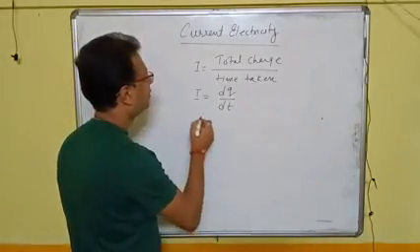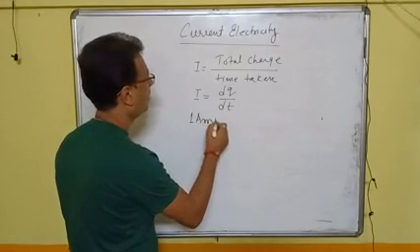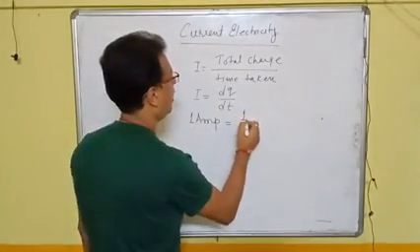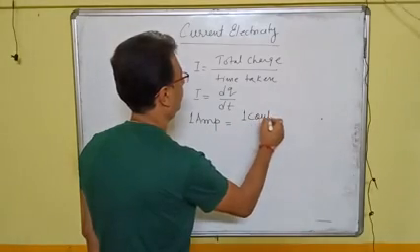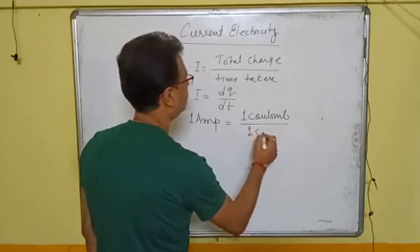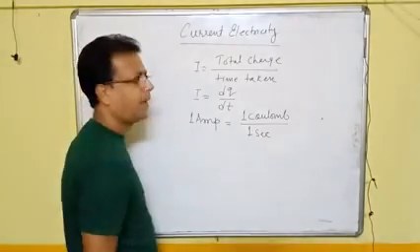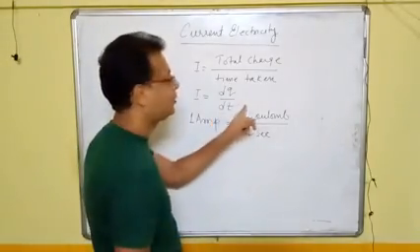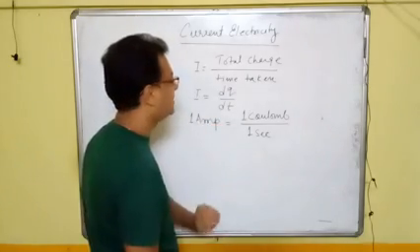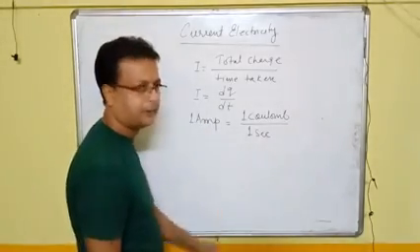The unit of current is amperes. 1 ampere is equal to 1 coulomb divided by 1 second. So we can define ampere as: when 1 coulomb of charge flows through a conductor for 1 second, we say that current is 1 ampere.